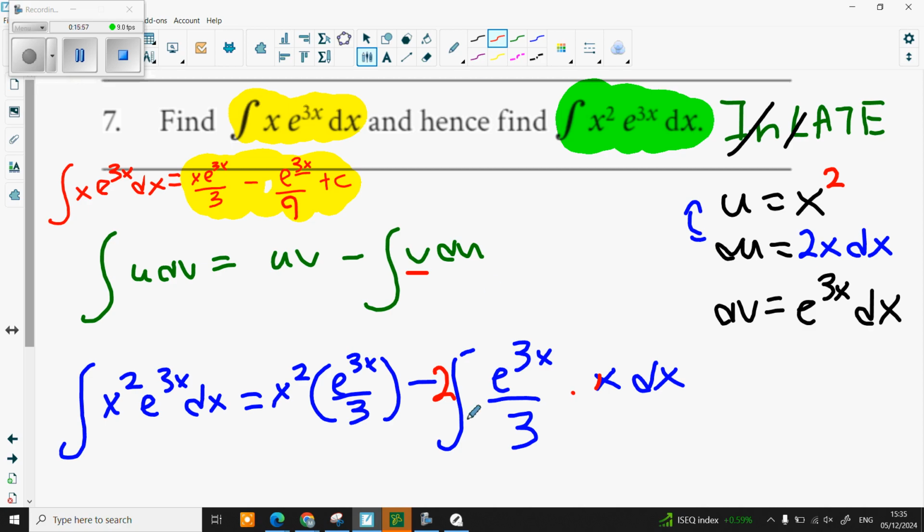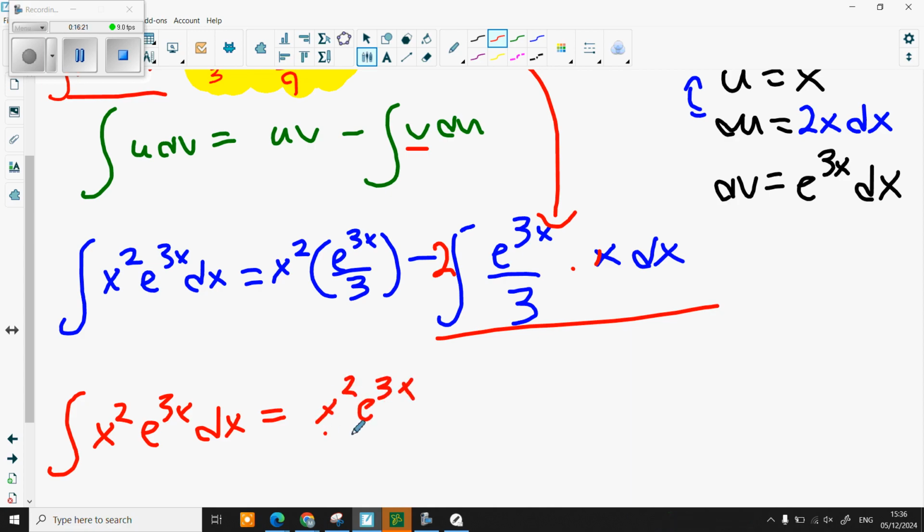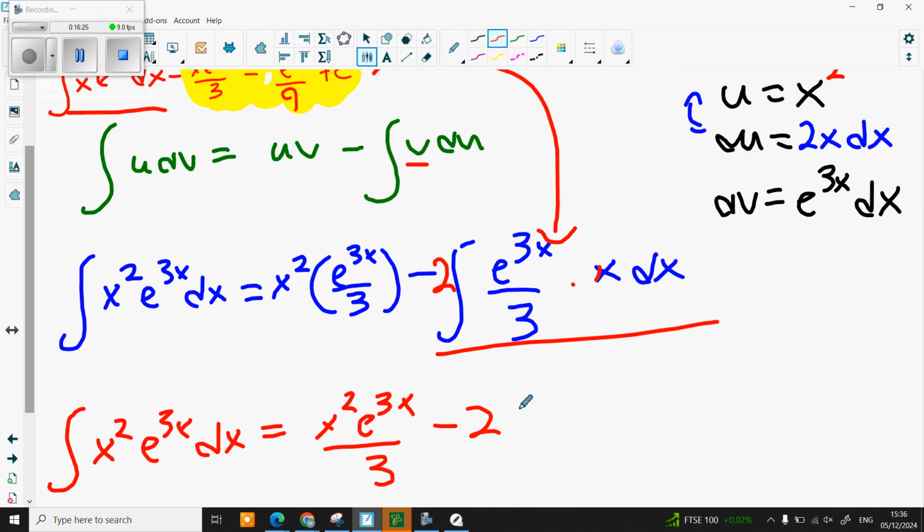So everybody see the way this one here is exactly the same as that one there. Therefore, I can sub the yellow part in there. So what I'm saying is this whole thing, x squared e to 3x dx, is the same as x squared e to 3x over 3 minus 2 times that yellow part.